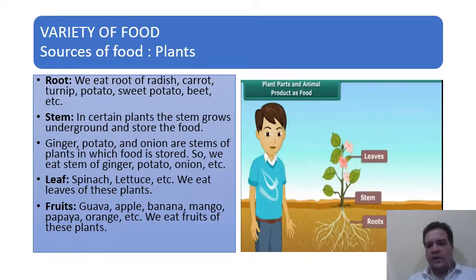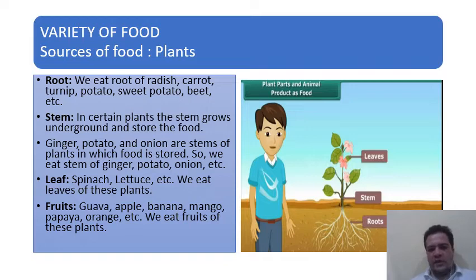A root, we eat the root of radish, carrot, turnip, potato, sweet potato, beetroot, etc. Stem also we eat. In certain plants the stem grows underground and stores food, like ginger, potato, onion, which are stems of plants in which food is stored.